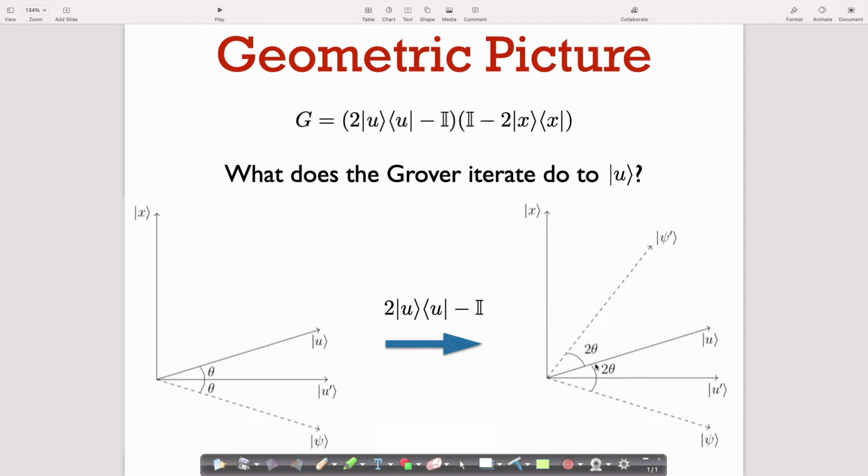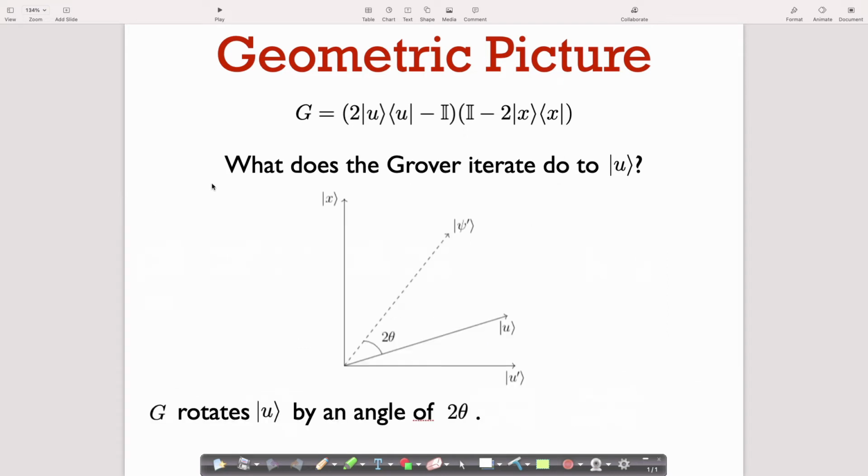Now we're going to make an angle of 2 theta with the uniform superposition on this side. So now we've actually gotten 2 theta closer to where we want to be, the state x. The net effect of the Grover iterate when we started in the uniform superposition was to rotate us by an angle of 2 theta closer to x.